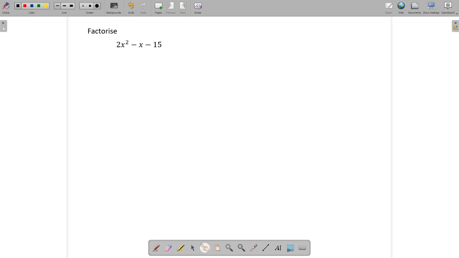So we're asked to factorize the following trinomial. Now, when you're factorizing, you need to realize all you're doing is the exact opposite of multiplying.